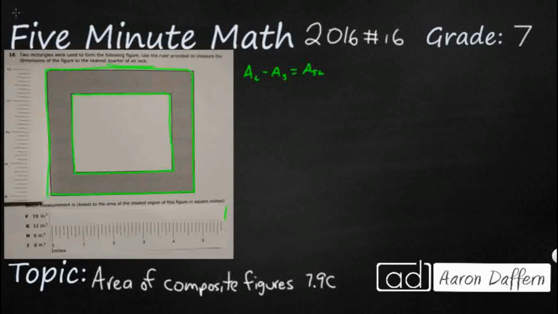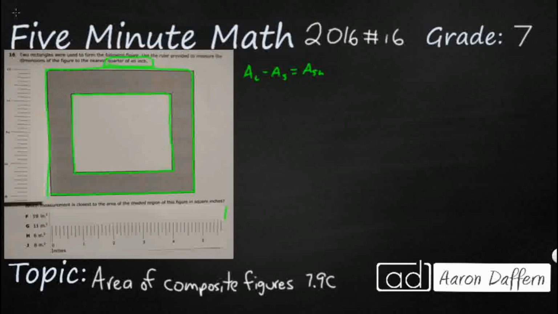That's going to be length times width. Let's see if we can measure. The big one's going to be easy. The hardest part really will be that this is an unmarked ruler, so we need to go to the nearest 1/4 inch, and we'll need to use some decimals here, as opposed to using inches and fractions.